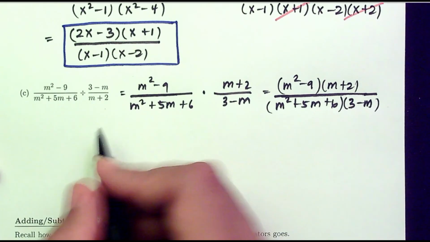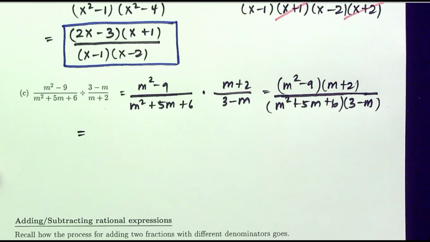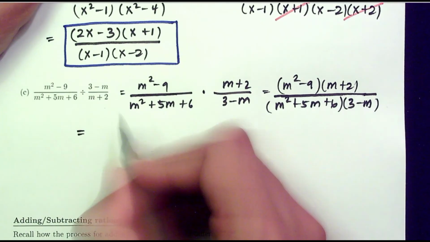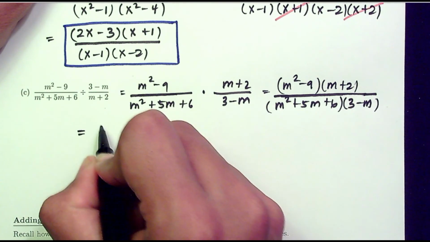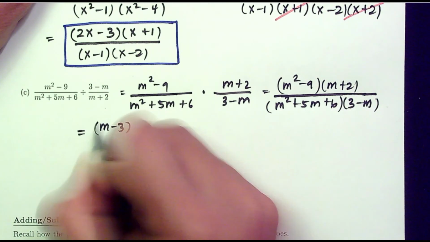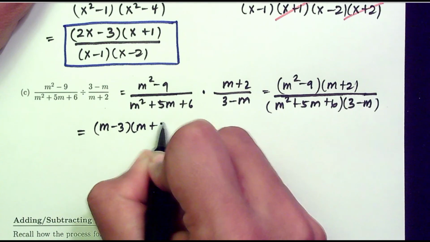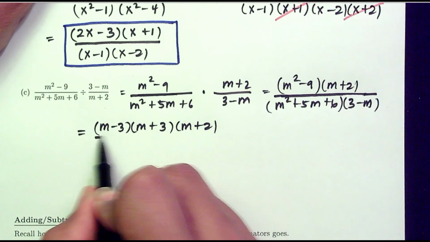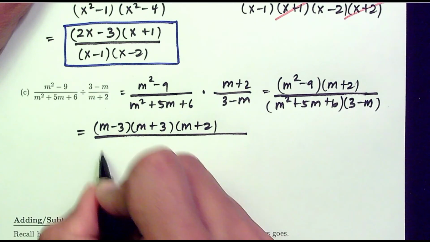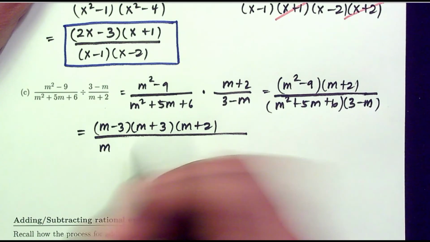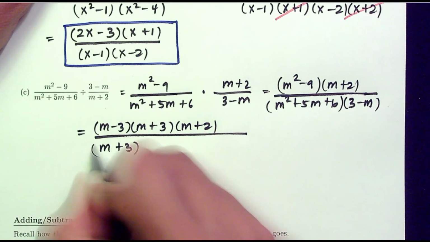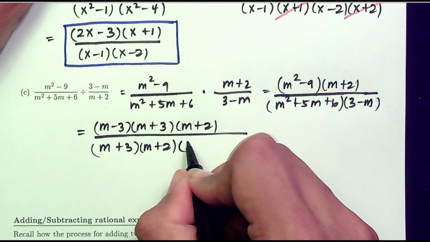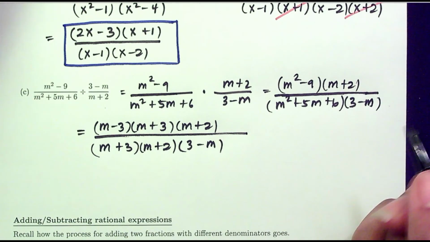Okay, now we're going to simplify. That requires just factoring and canceling, and that's all. So the first one is a difference of squares, so it factors as m minus 3, m plus 3, and then you have the m plus 2. And the bottom factors as m plus 3, m plus 2, and then you have 3 minus m.